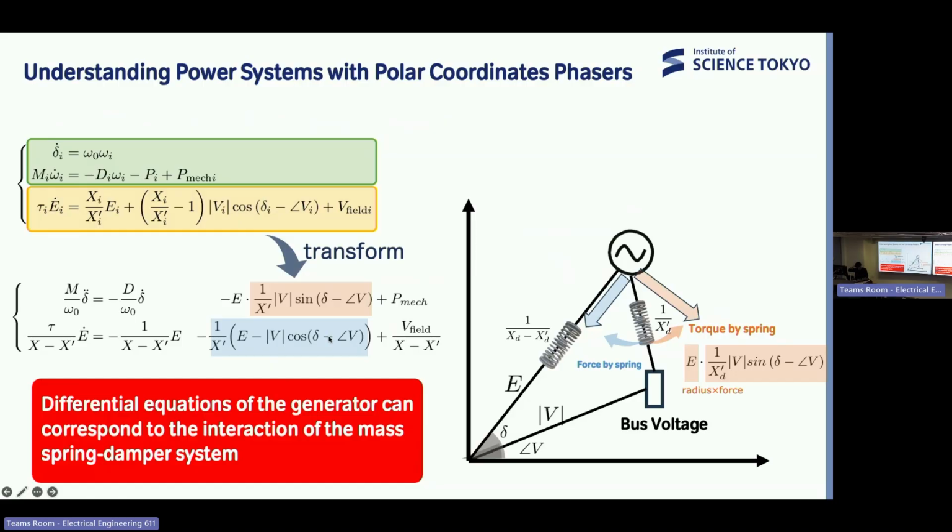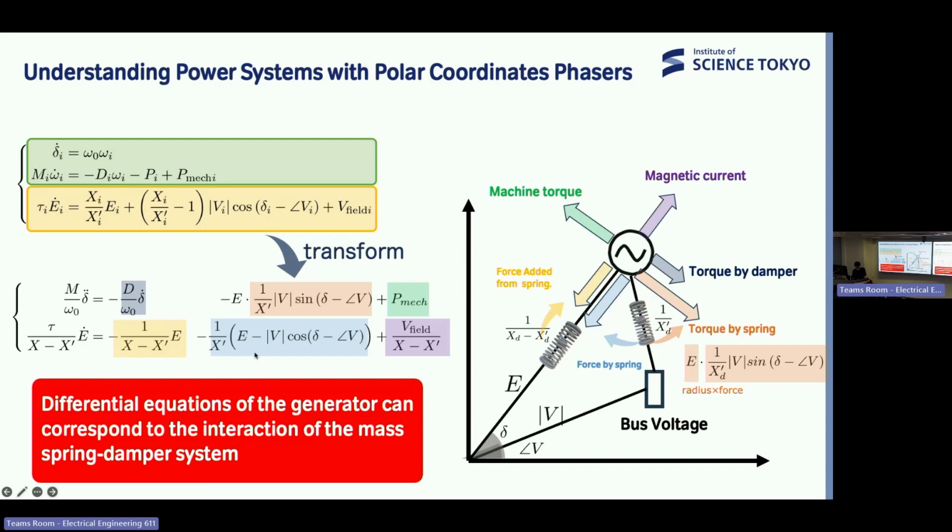In other words, if we imagine springs between the nodes representing the buses and the generators, the terms highlighted in blue and red can be understood as the elastic force of the spring. The other terms can also be interpreted as damping or elastic terms.